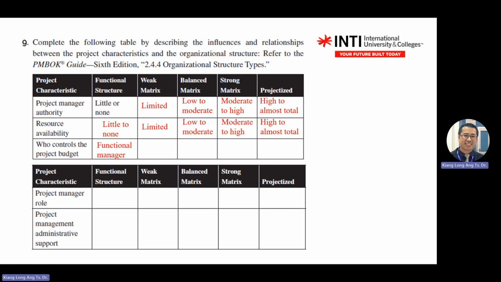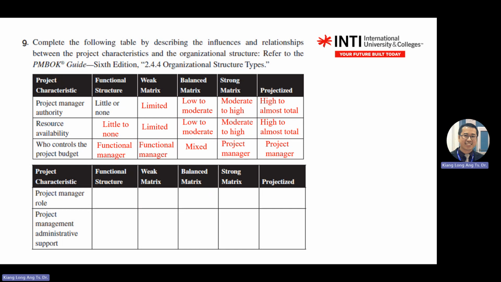Balance. Mix, project manager and functional manager. So if you go below, the weak matrix will be on the side towards FM, the functional manager. If you go towards the strong matrix, then you walk towards the PM already.